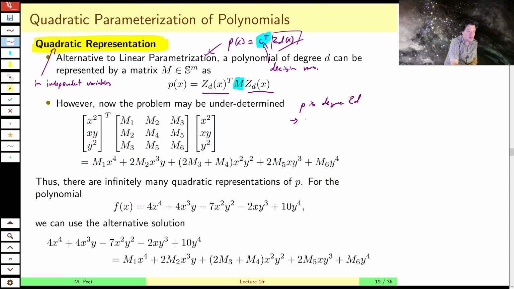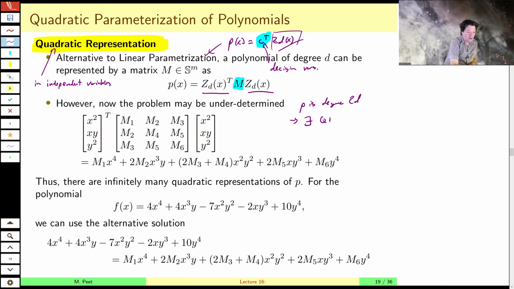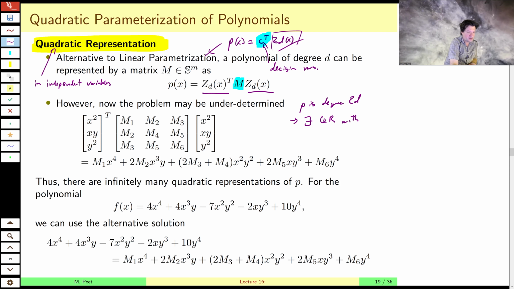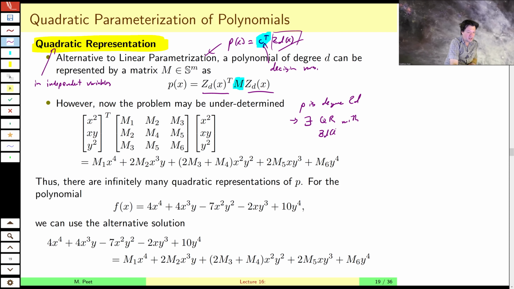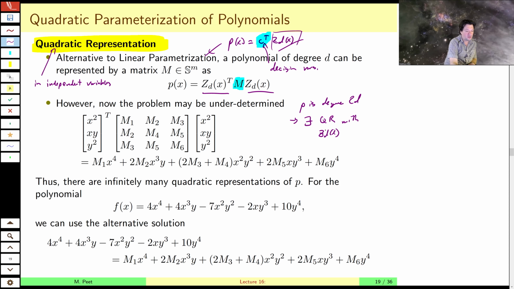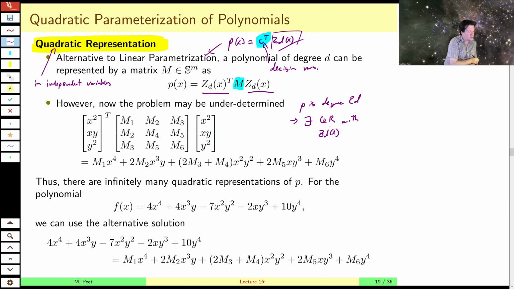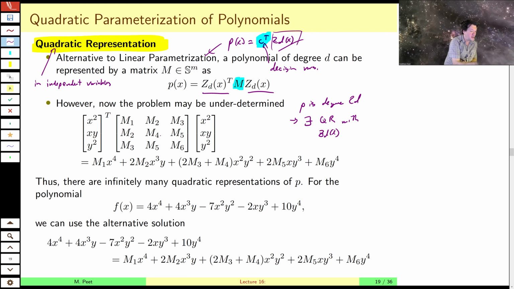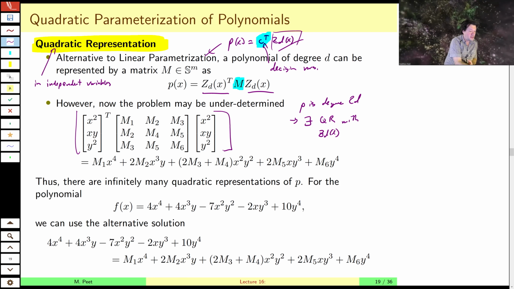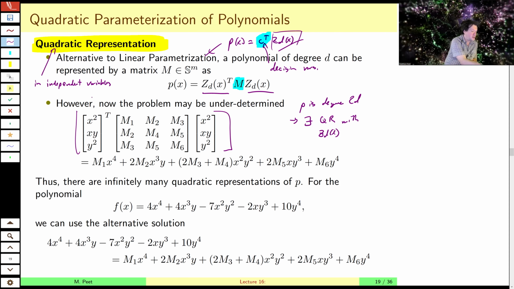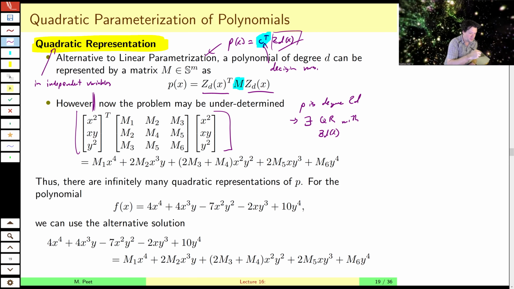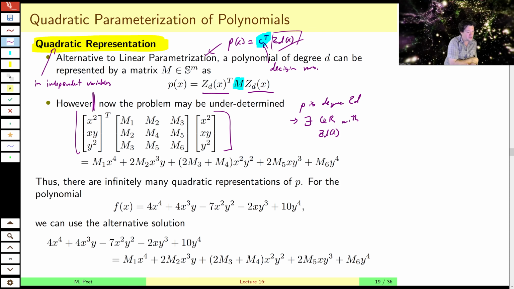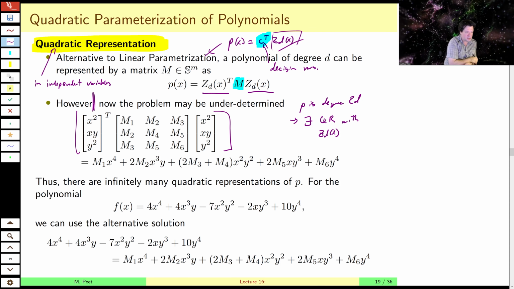There exists a quadratic representation with zd of x, so we drop the degree down to zd. Now, let's look at that question. If we parameterize the quadratic representations, they look like this. I've truncated a bunch of the monomials here, so there are some more, but it doesn't fit on the slide, so I've stopped it after a certain distance.